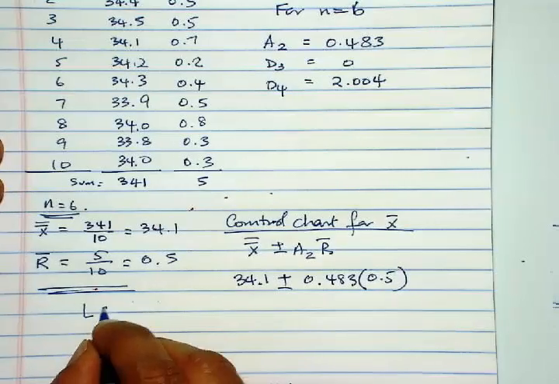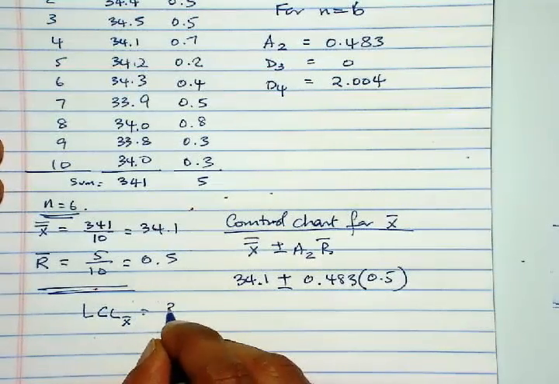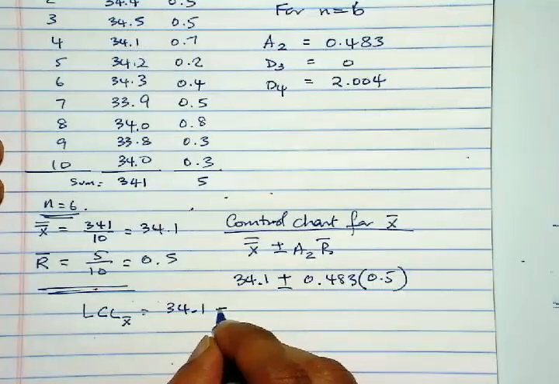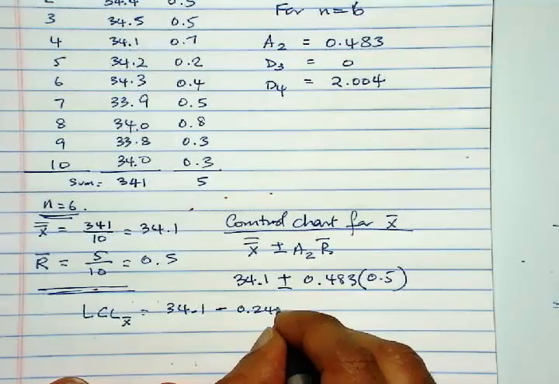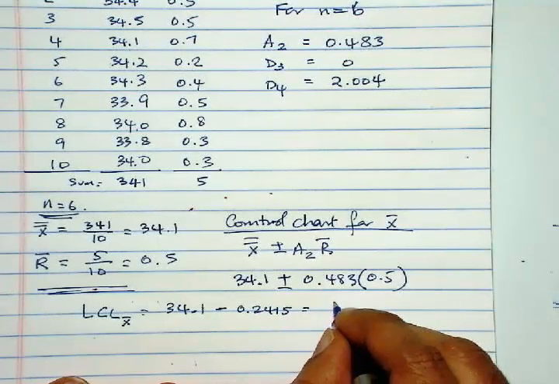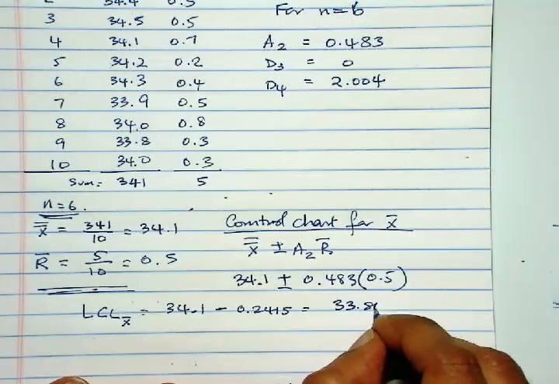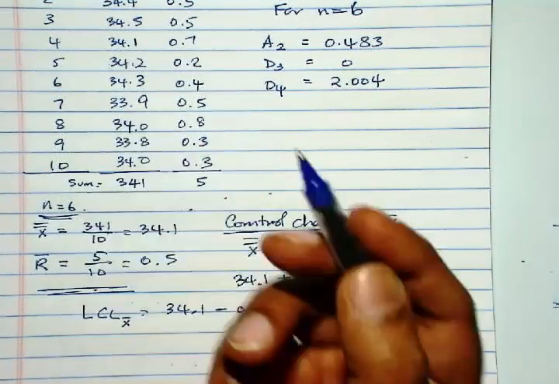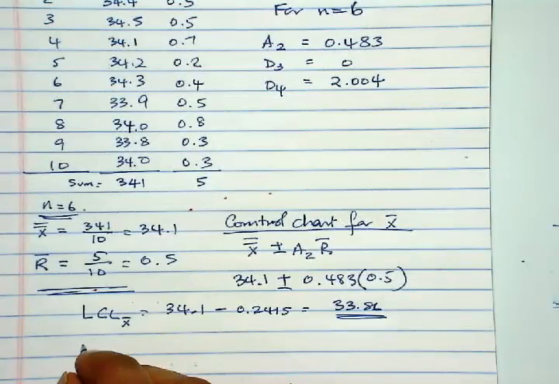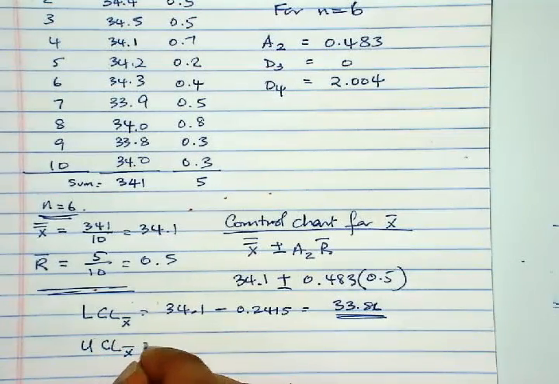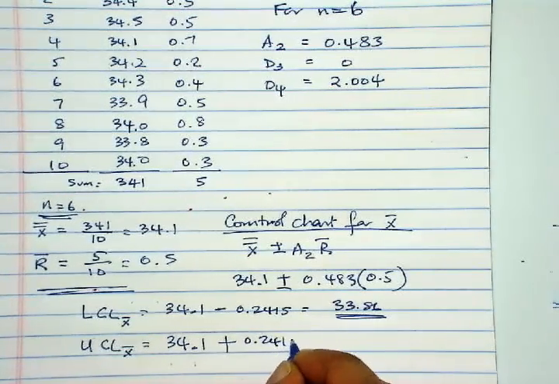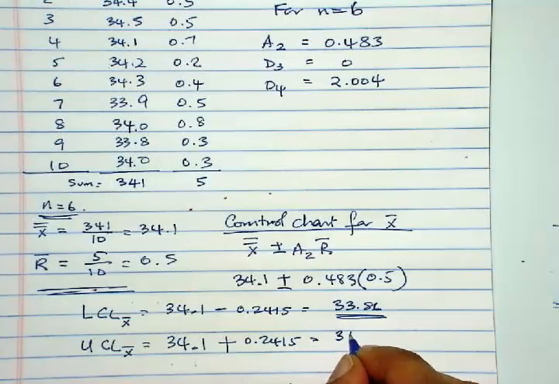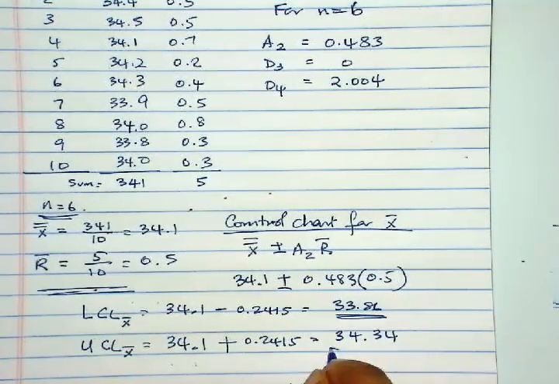So the lower control limit of x bar is 34.1 minus 0.2415, and we get 33.86. I've rounded it to 2 decimal places. These are in 1 decimal place anyway. And the upper control limit is plus 0.2415, that is equal to 34.34.